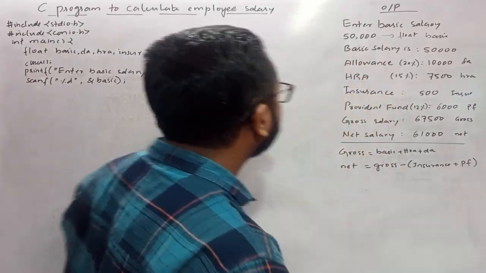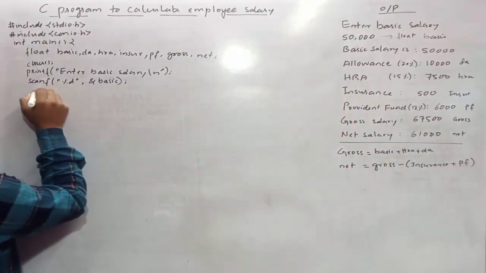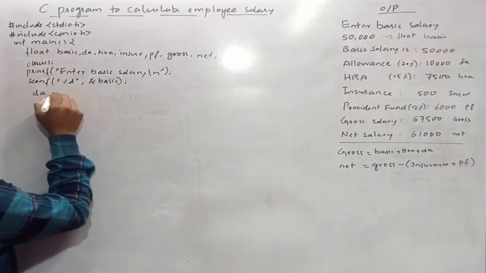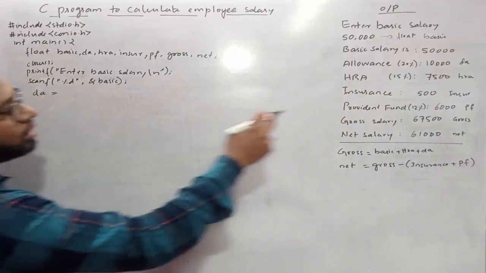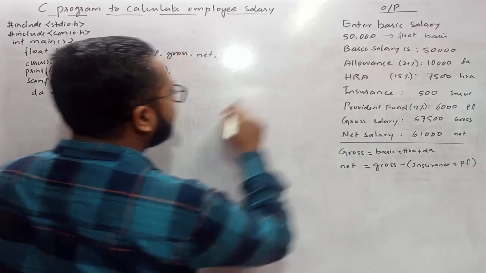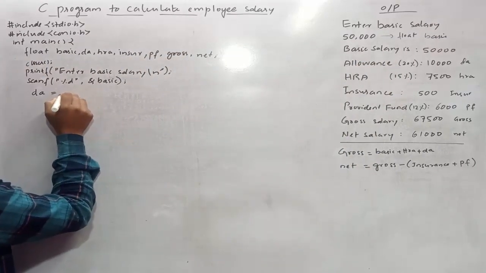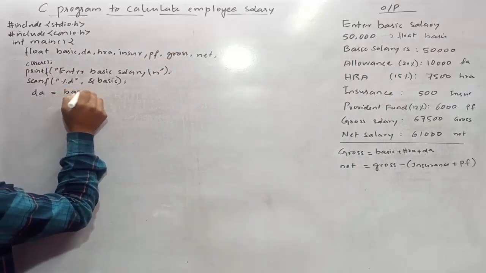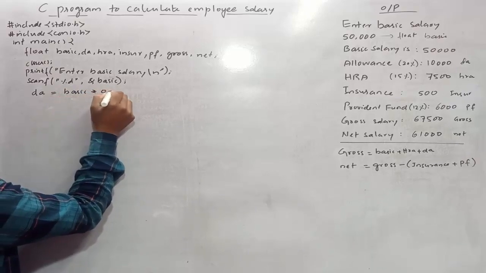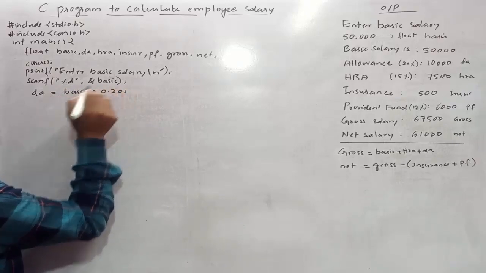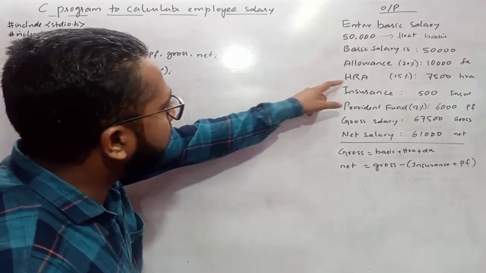First I need to calculate DA equals, what is the percentage for allowance? 20% of basic, basic into 0.20.